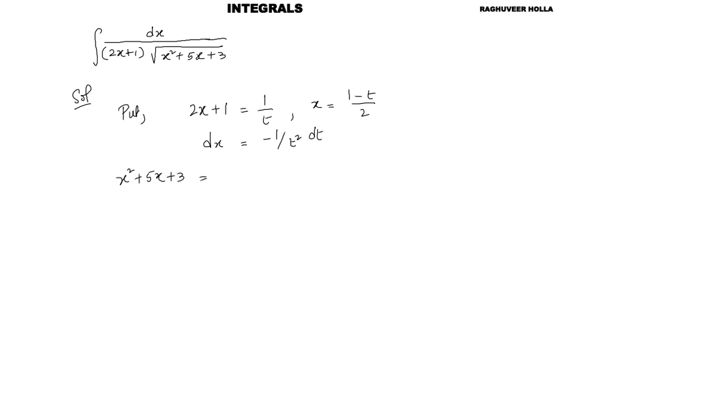Okay, so let us substitute x as ((1 minus t) by 2) whole square, plus 5 times (1 minus t) by 2, plus 3, right? Now after simplifying this you get (3t square plus 8t plus 1) by 4t square. Okay.